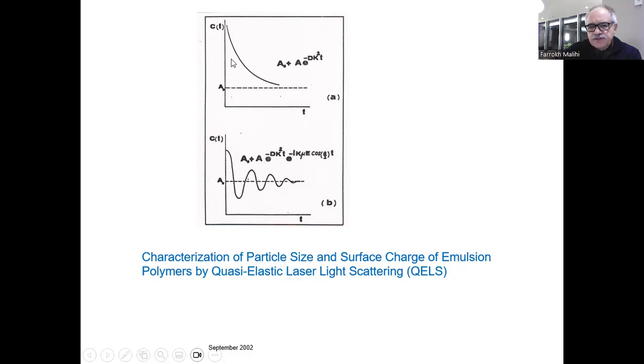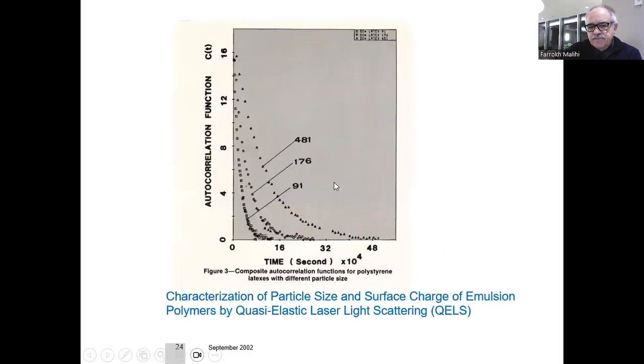The exponential decay represents the diffusion process from which we can determine a diffusion coefficient, which eventually relates to particle size. The oscillation is an indication of the net transport, which relates to electrophoretic mobility.